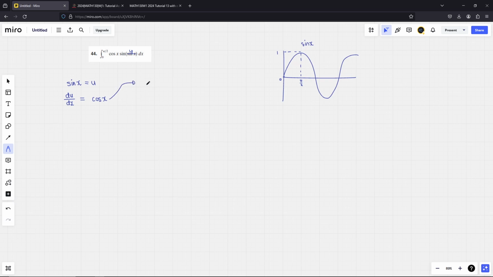So this is the same thing as du equals cos x dx, but I don't want du, I want dx. So dividing both sides by cos x, we get that dx is equal to du all over cos x.